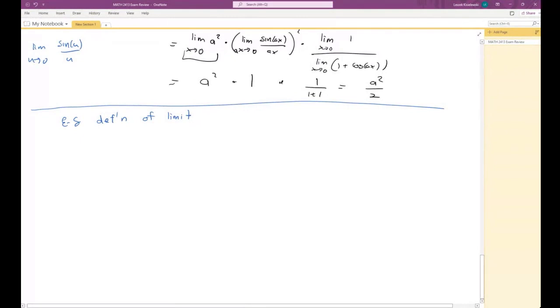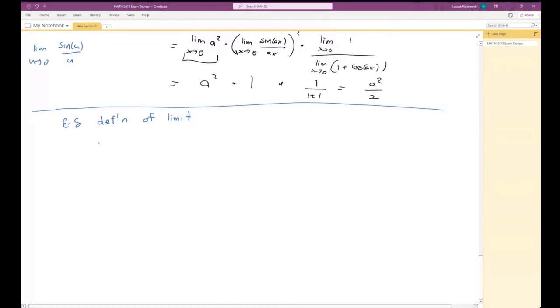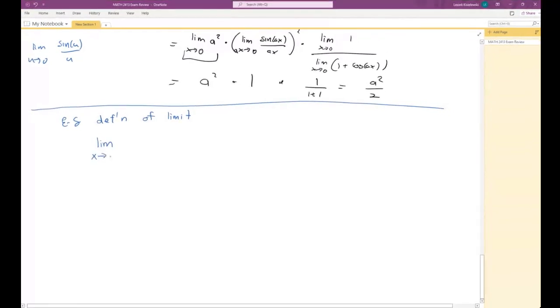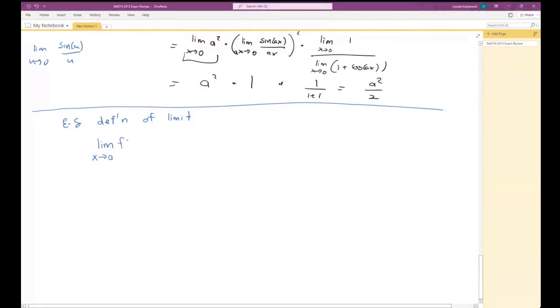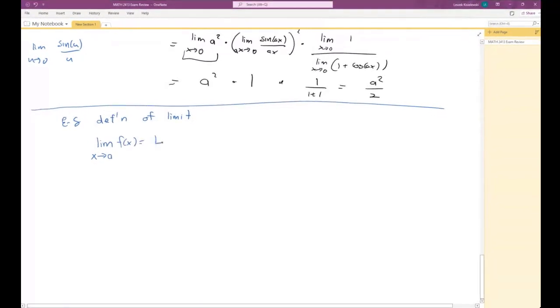And it goes, so if you have a limit statement, the limit as x goes to some number, a, of some function, f of x, is equal to L. So has everybody memorized this definition like it was a short poem or something? Yeah, sure. It's like you can write it in lines, right?